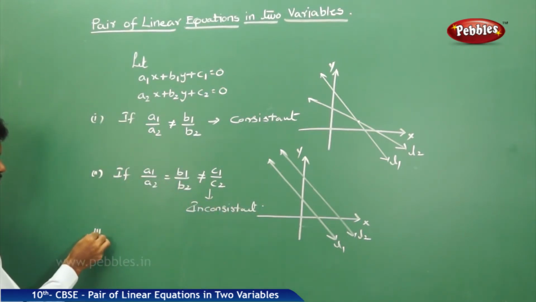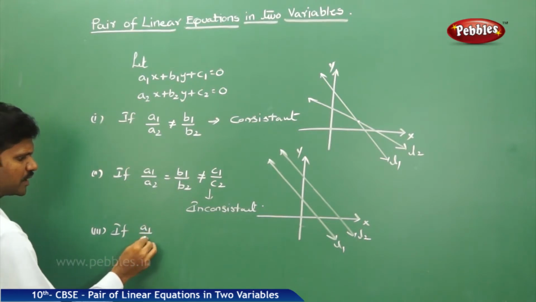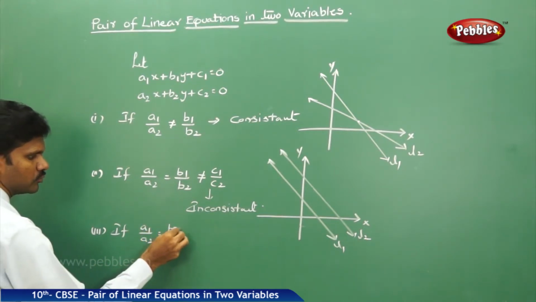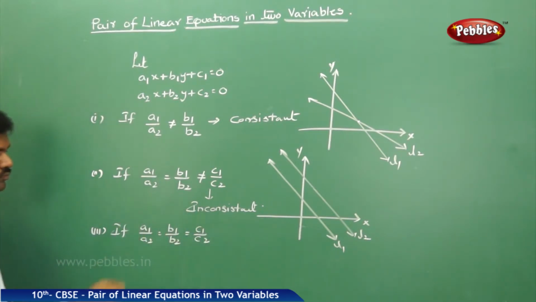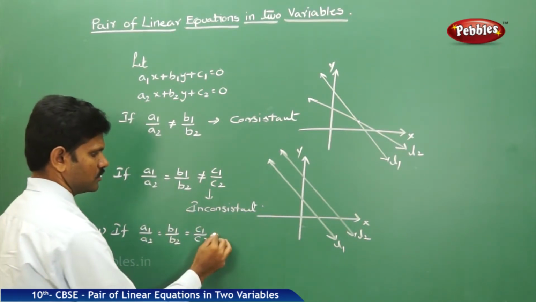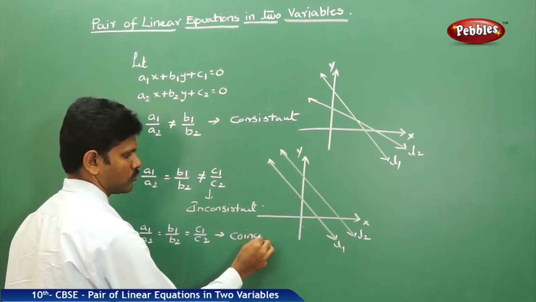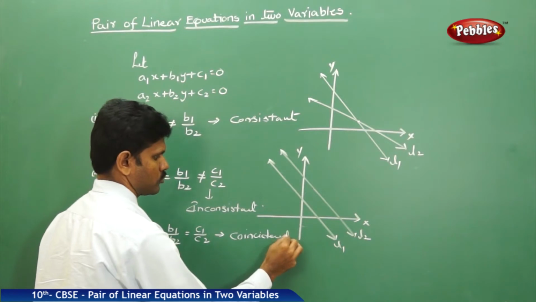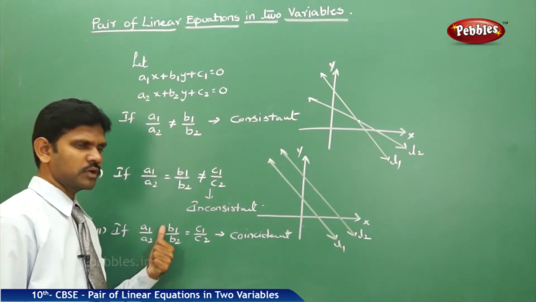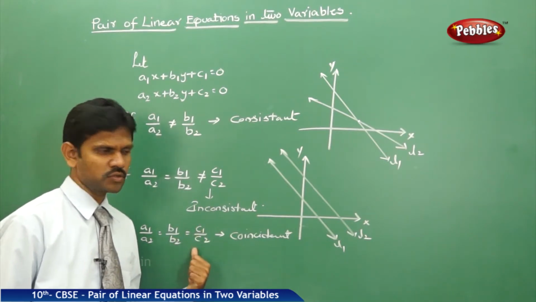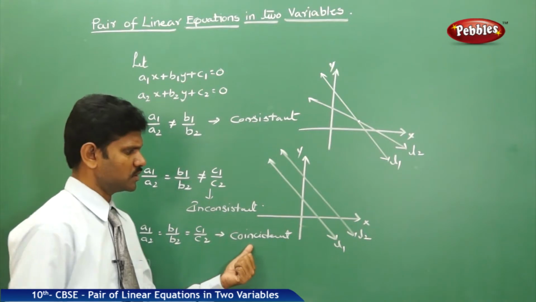Next, case 3: if a1 by a2 is equal to b1 by b2 is equal to c1 by c2, then the lines are coincident. The nature of the lines is coincident to each other.